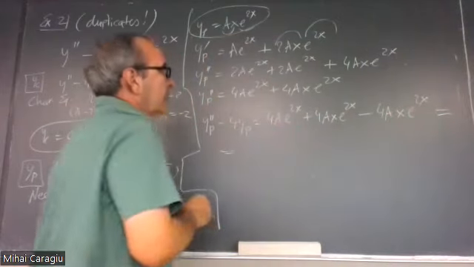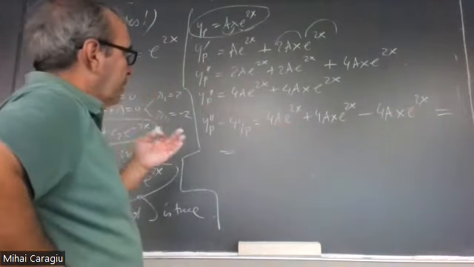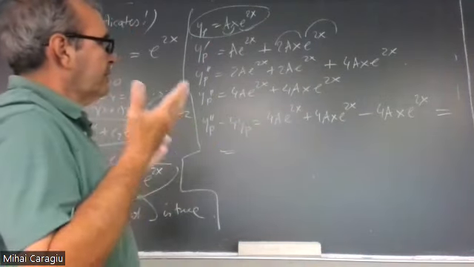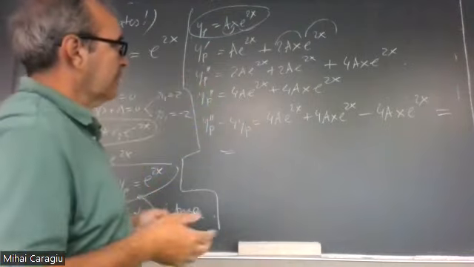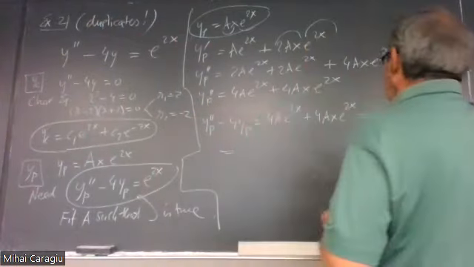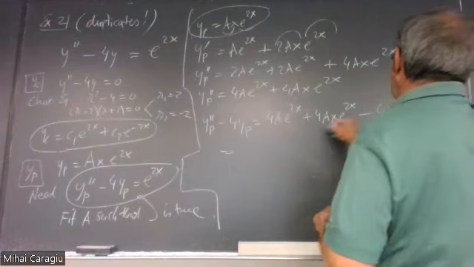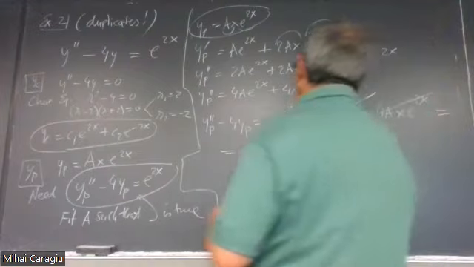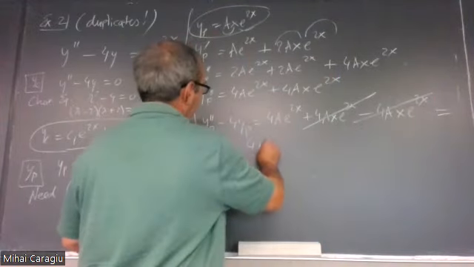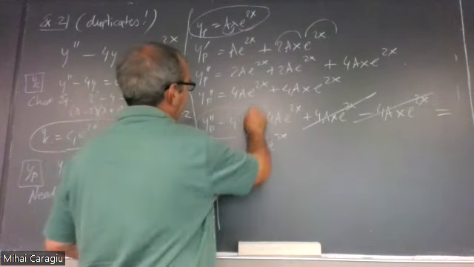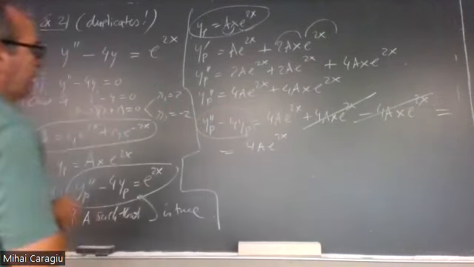Normally, the key of this method is that in the process of calculating yp second minus 4yp, like in this case, we have significant cancellations, right? Which allowed us to solve for a. 4ax minus 4ax, they cancel. So yp second minus 4yp is 4a e to the power 2x.